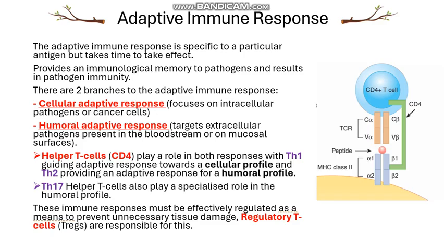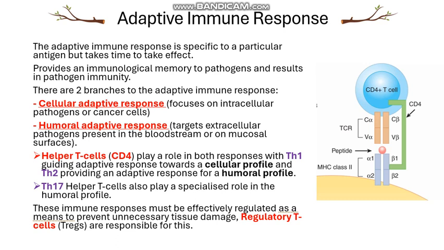So these helper T cells actually play a role in both the cellular and humoral adaptive responses, with Th1 T helper cells guiding the adaptive response towards a cellular profile, and Th2 helper T cells providing an adaptive response for a humoral profile. So cellular profile, talking about antigens within the cell, so that's going to be your cellular adaptive response. Humoral profile, antigens present extracellularly, so humoral adaptive response.